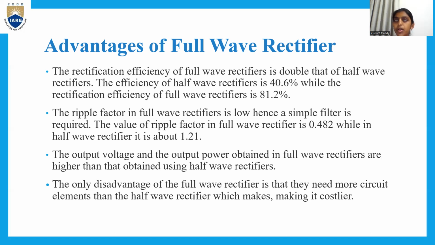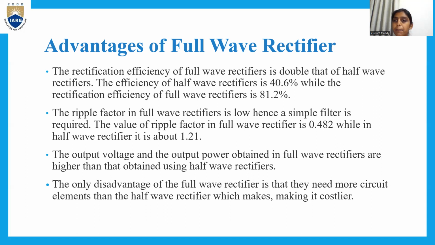In a step down transformer, the primary windings are less, whereas the secondary windings are more. With the help of this step down transformer, first you convert the high voltage AC signal to the low voltage AC signal. After that, using either center tapped full wave rectifier method or bridge full wave rectifier method, you convert the AC supply to the DC supply.